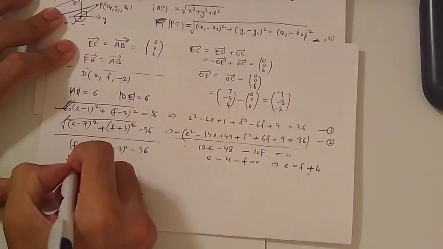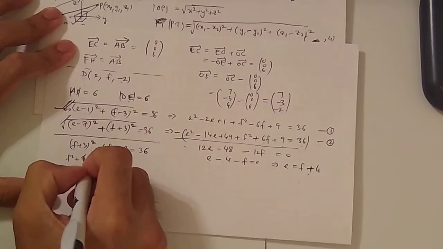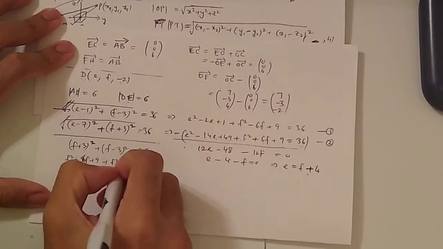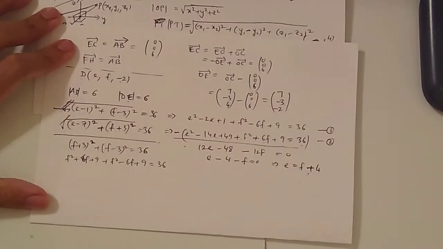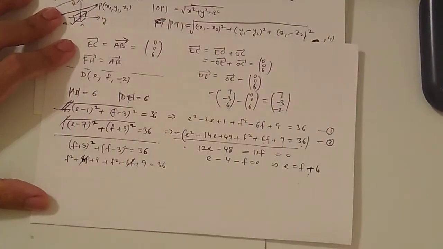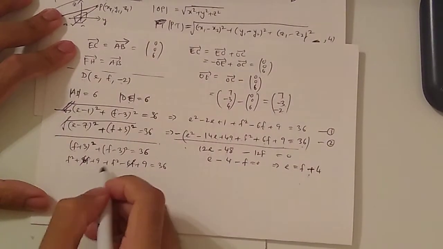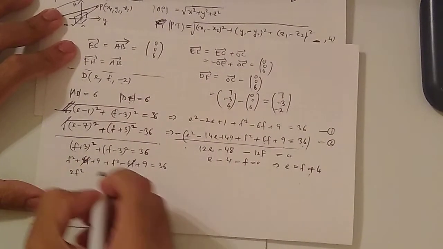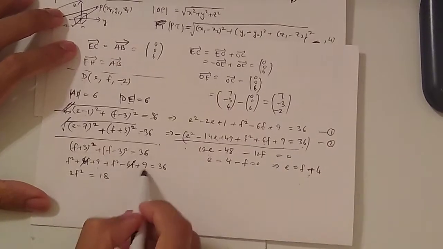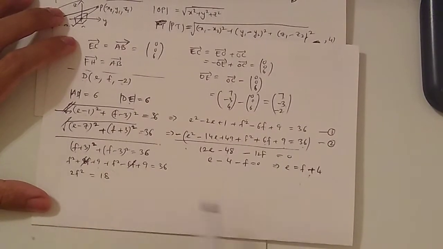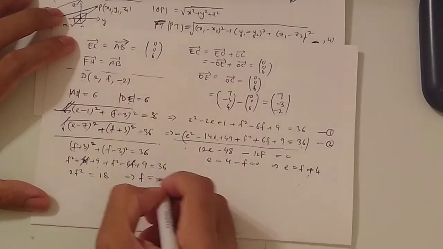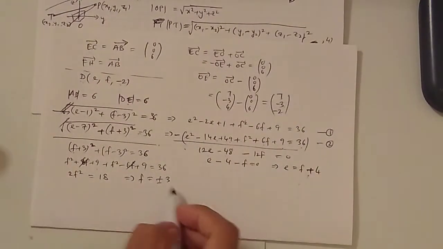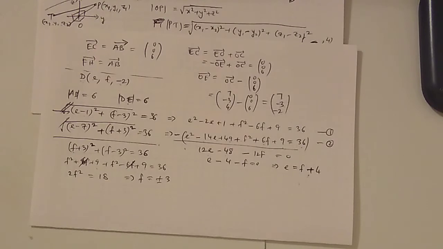We get f square plus 6f plus 9 plus f square minus 6f plus 9 is equal to 36. Okay, 6f and minus 6f cancel out each other. We get 2f square is equal to 18. The 9s go to the other side, you get 18, and if f square equals 9, f is equal to plus minus 3.